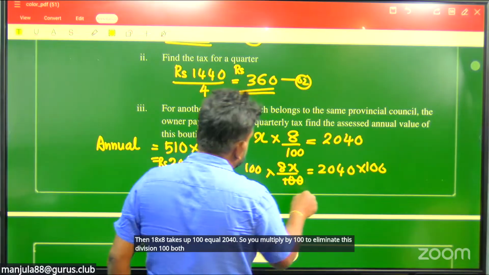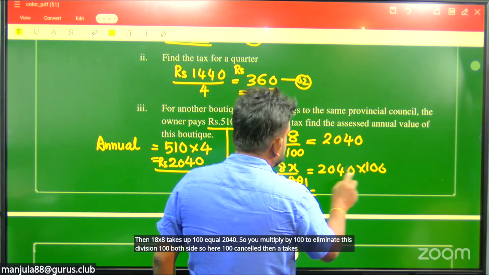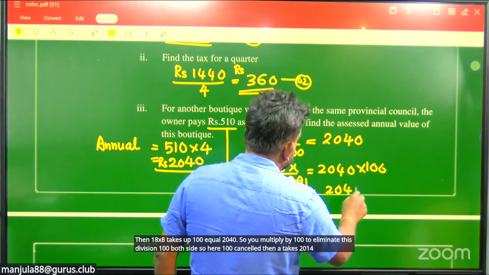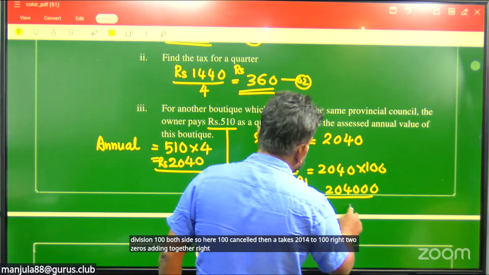So here 100 cancelled. Then 8x equals 2040 into 100, right? Two zeros adding together. Just divide by 8 on both sides.